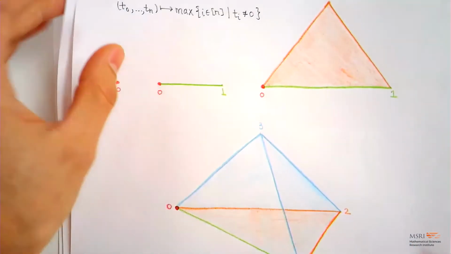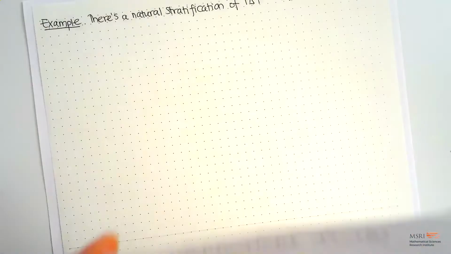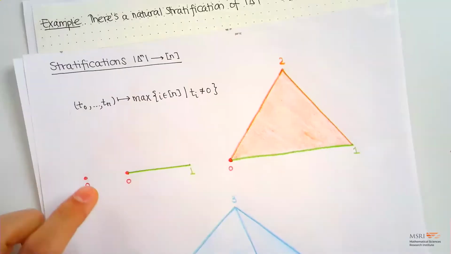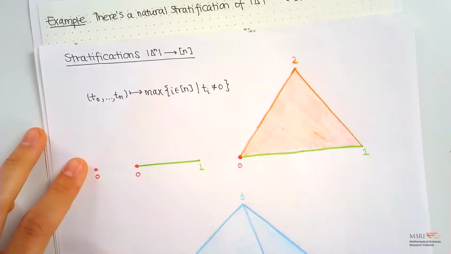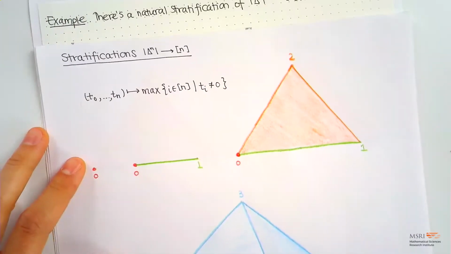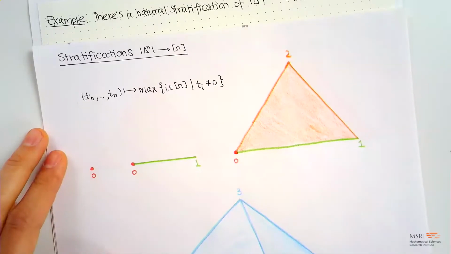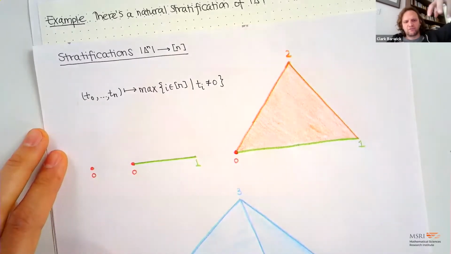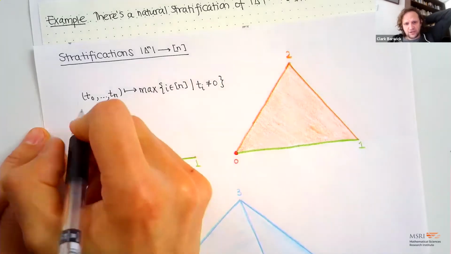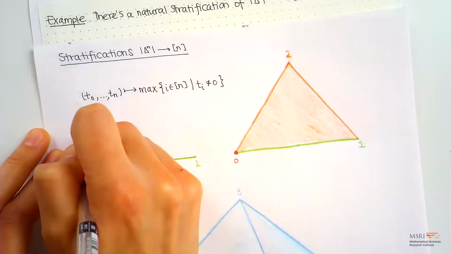That formula doesn't look right to me. The largest i such that t_i is non-zero. Yeah. Is this with respect to barycentric coordinates? Yes, he's thinking of the realization of delta n as sitting inside the space where the sum of the coordinates is 1.